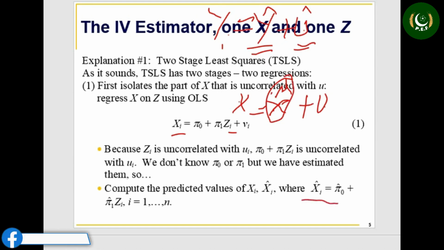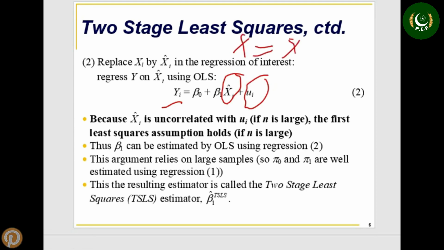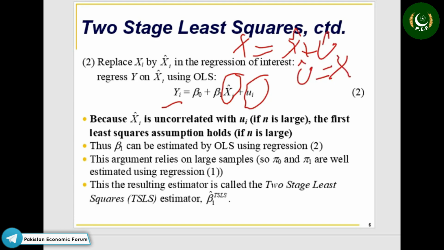That is, X hat is equal to pi naught hat plus pi 1 hat Z. So we get X hat at the first stage, and at the second stage we regress Y on X hat. Now this X hat is uncorrelated with U because you have decomposed X into two parts, X hat plus a residual, and this residual part has been eliminated, so U and X hat are independent of each other. This is the second stage, so that's why we call it two-stage least squares.